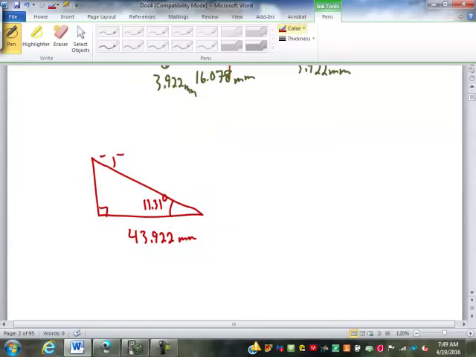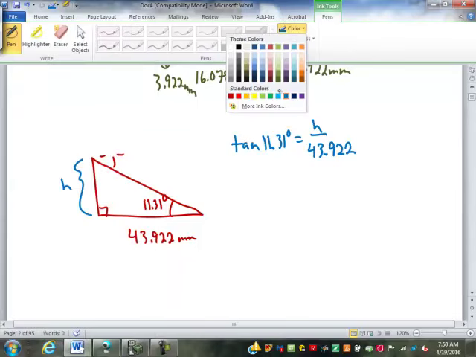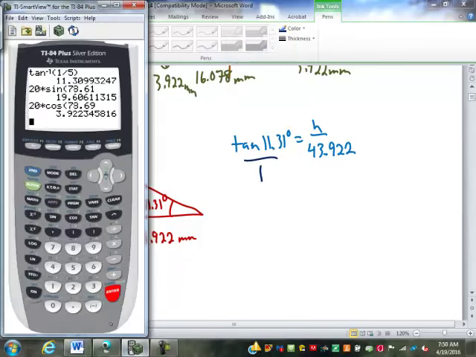I can get the height of it right here. Tangent of 11.31 degrees equals h over 43.922. Put that over 1 and I'll cross multiply and divide. 43.922 times tangent of 11.31 is 8.784.